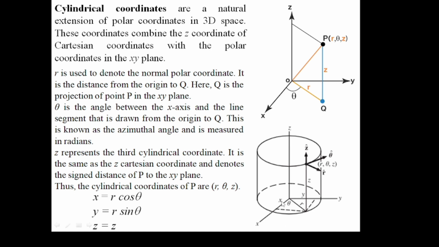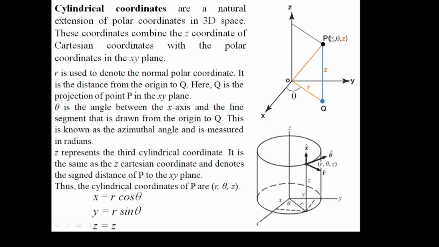This xy plane is the polar coordinate, that means it is a circle, and the upper surface is also polar coordinates, and this height is equal to the z coordinate of the Cartesian coordinates. Suppose here P is the particle. For Cartesian coordinates the position is x, y, z, and for cylindrical coordinates the position vector is r, theta and z.